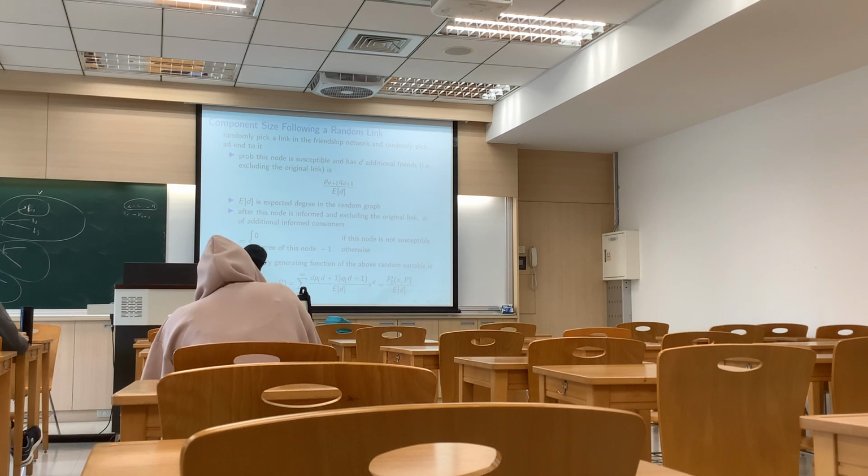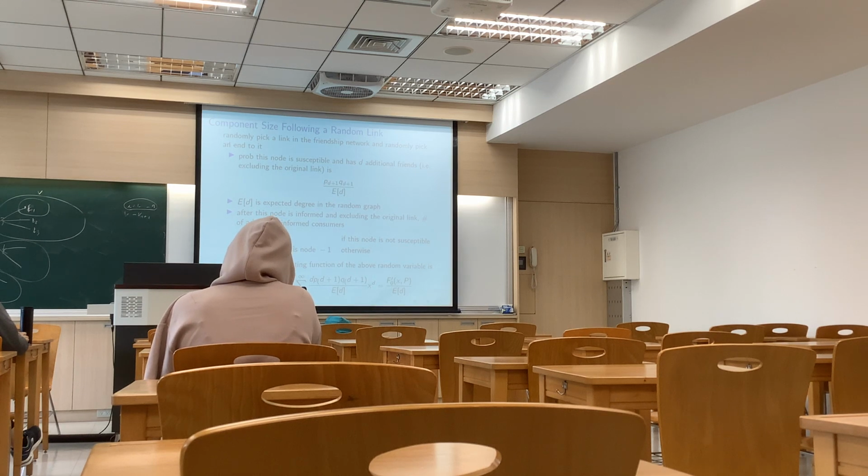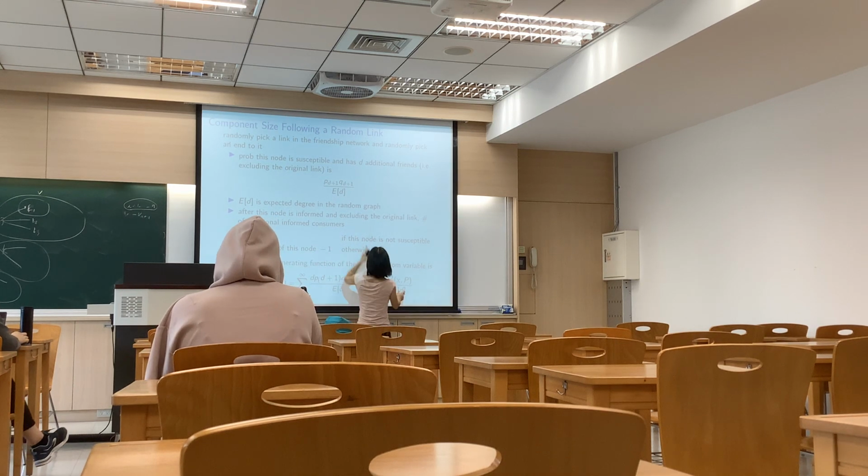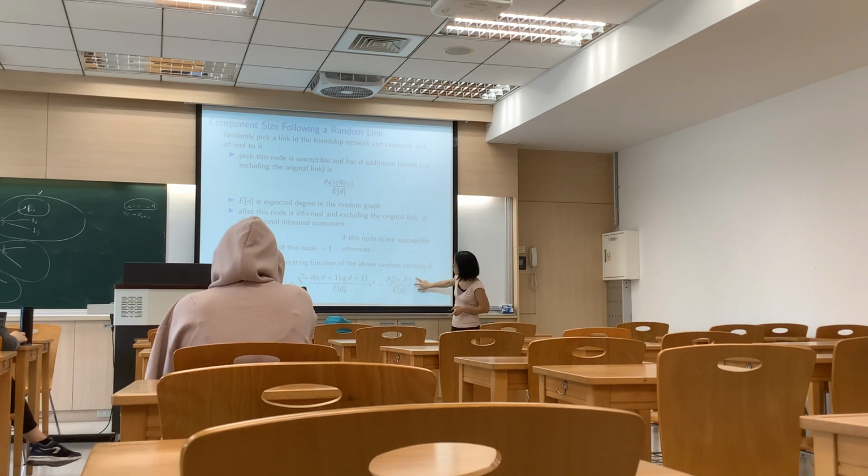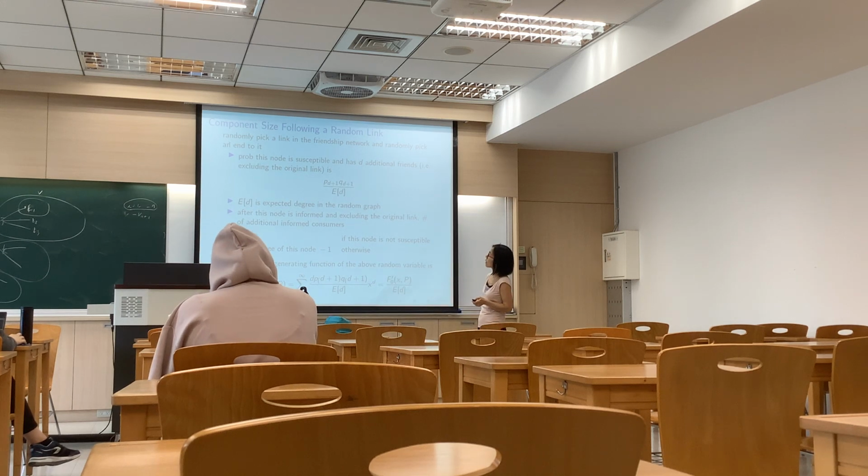Okay, and then we find the probability generating function of this random variable. Let's call it F1. So F1 is related to F0 by F0 prime divided by expected degree.